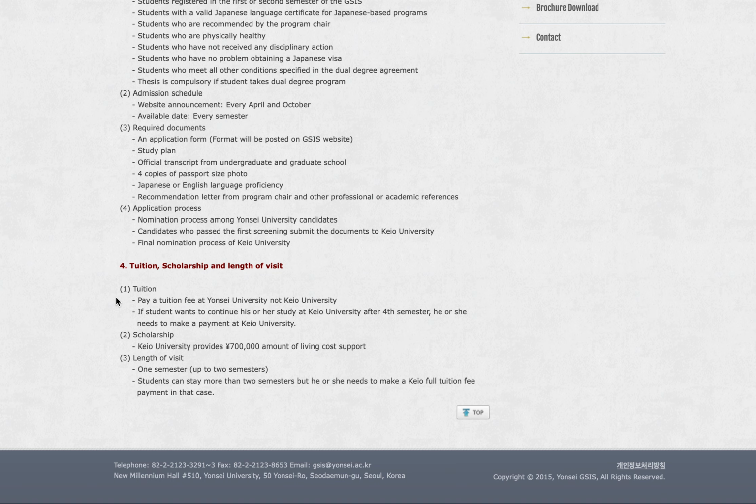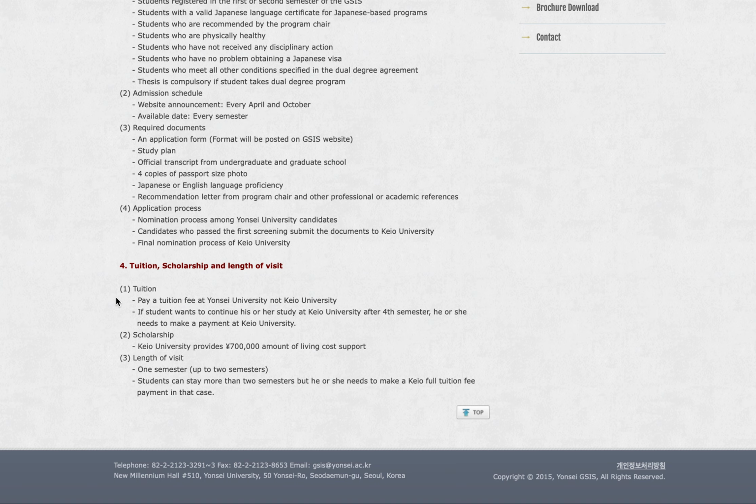So it's a more competitive interview. After you stand out in the second interview among the whole graduate schools in Yonsei University, you have passed the nomination process among Yonsei University candidates.